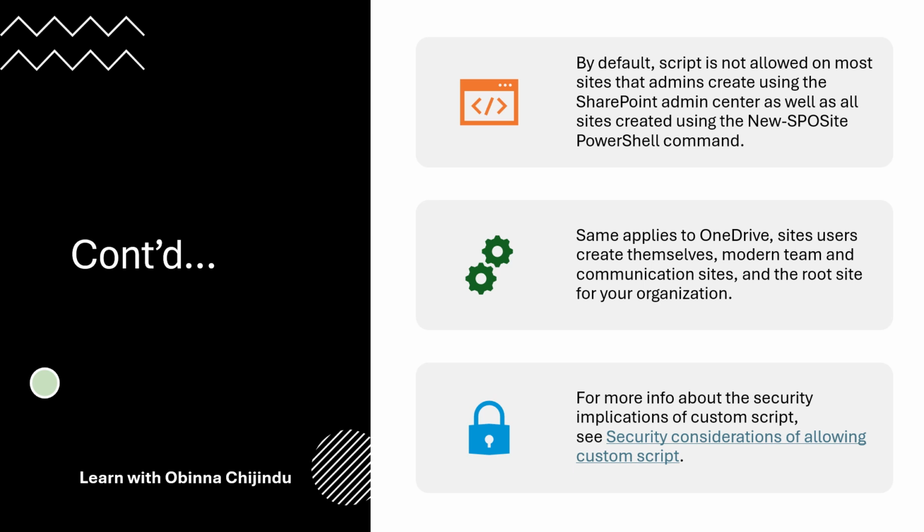So anytime anybody, that is my employees, visit their own profiles by logging in to office.com, click on the app launcher and launch SharePoint, it's going to show obina.sharepoint.com, because the root is the name of the tenancy I purchased the subscription with. Does that make sense? Yes. So that's what is referred to as the root site for your organization.